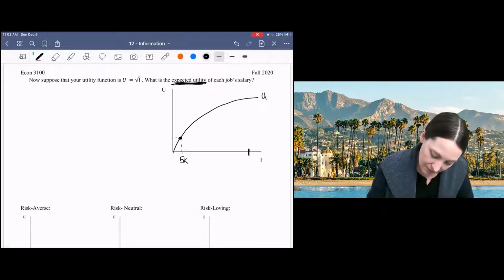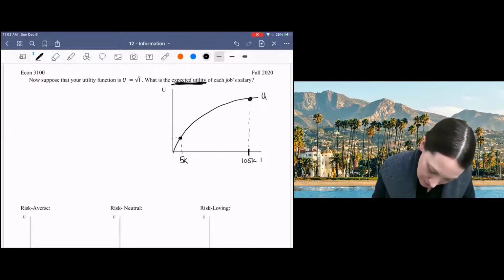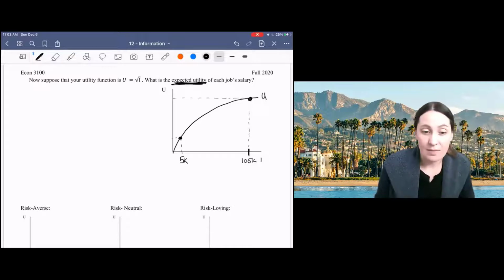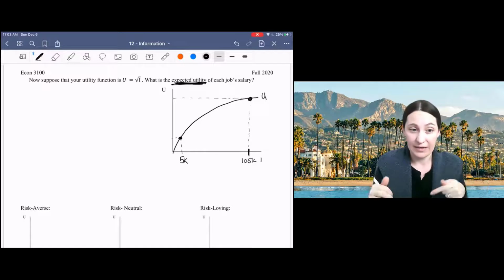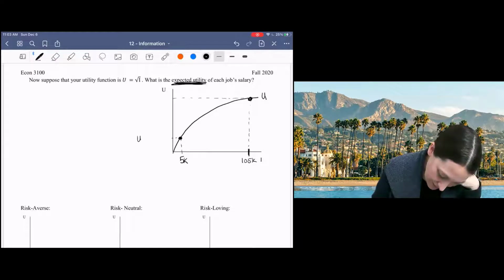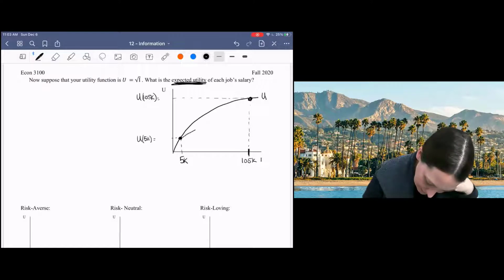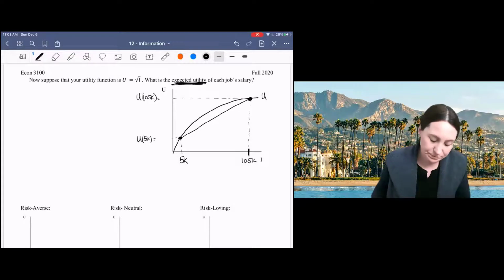We could have an income of 105,000, which would give us much more utility. Instead of just comparing expected values, we want to now compare expected utilities. So what is the utility of 5,000? What is the utility of 105,000? And then the lottery is some combination of those two values.